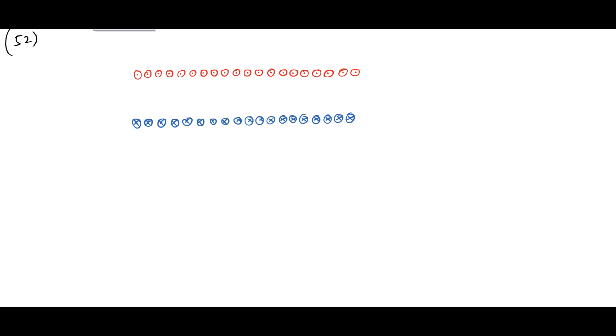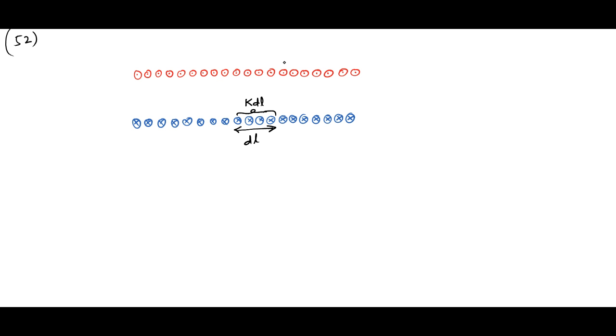Further, the question says that the current through a strip of width dl is k times dl, where k is a constant. So if you take a strip of width dl, actually it's an infinitely long strip, of course, but the width is dl, then this current which is flowing away from you is k times dl, and we are to assume that the same k is valid in the upper plane too.